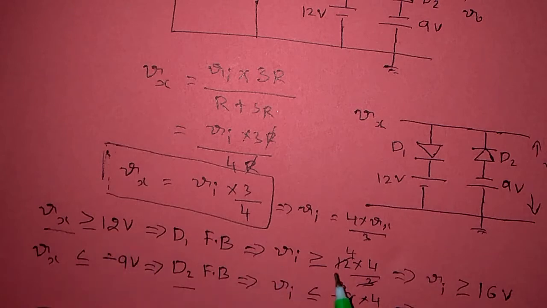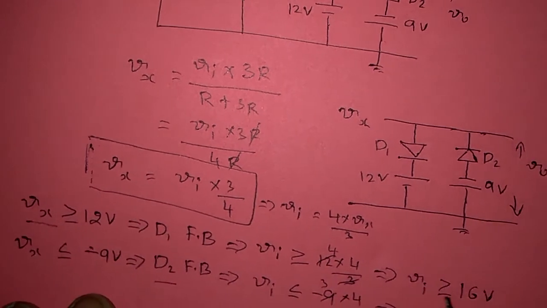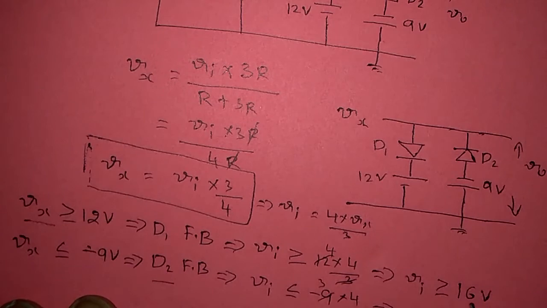This 12 volts we have to multiply by 4 by 3. So 12 into 4 by 3, the 3 will cancel with 12, so 4 will remain. So Vi becomes greater than or equal to 16 volts. So when Vi is greater than or equal to 16 volts, then diode D1 will enter into forward bias and it acts like a short circuit.